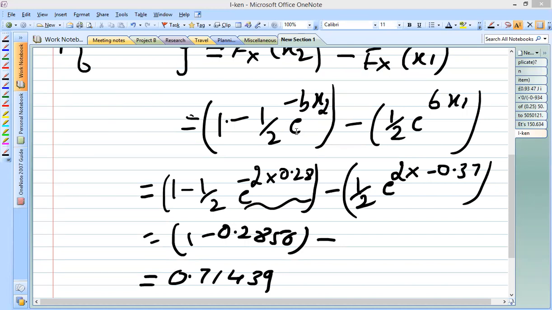So here e to the power minus 2 into 0.28, e to the power minus 0.56, what answer do you get? 0.5712, and that has to be divided by 2 because there is 1 by 2 there. So you'll be getting 0.2856. 1 minus 0.2856 gives for the first term 0.71439.